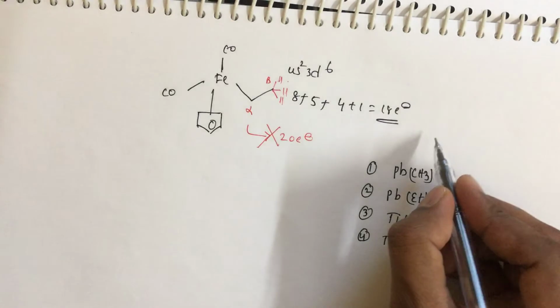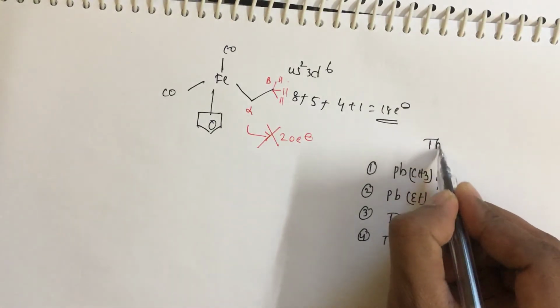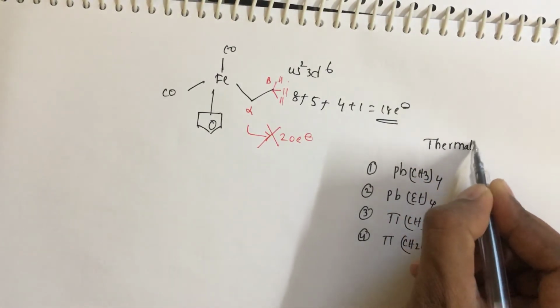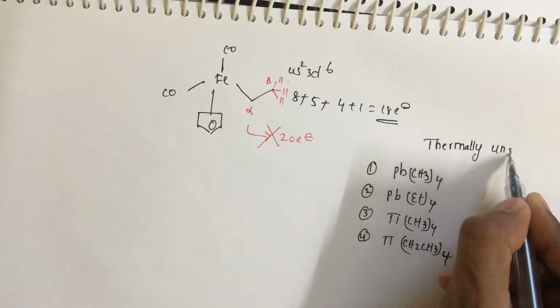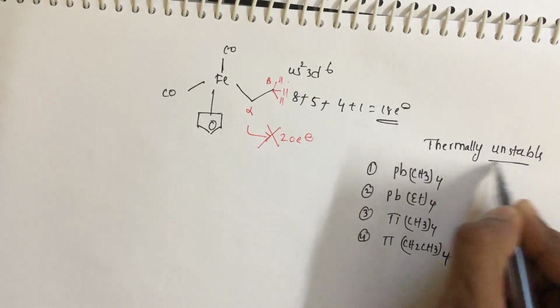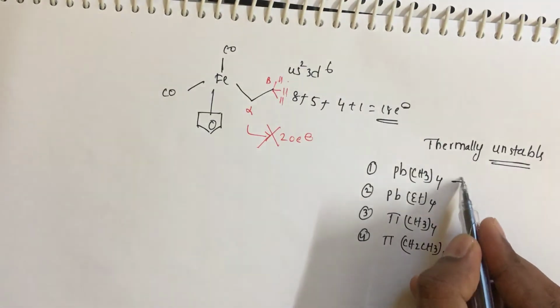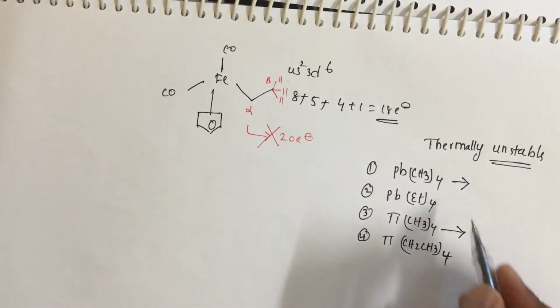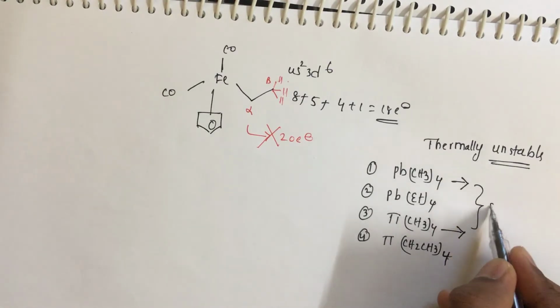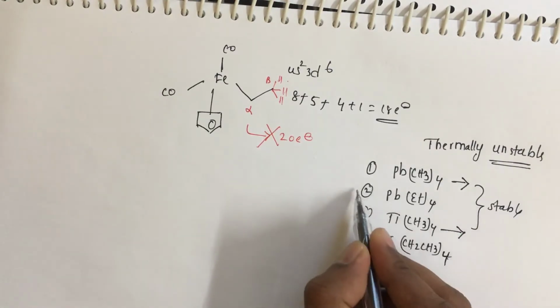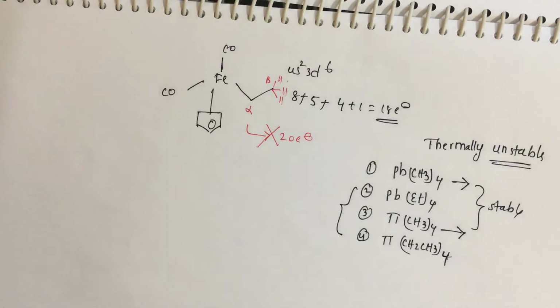So the question is, which is thermally unstable? No doubt these two are stable because they don't have beta hydrogens. Only in these two cases do we have beta hydrogens, right?